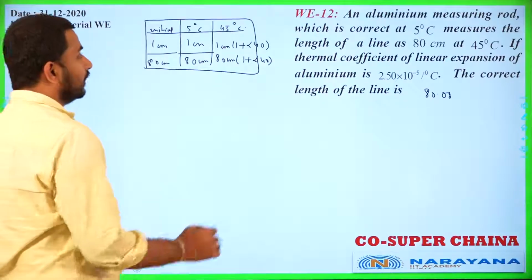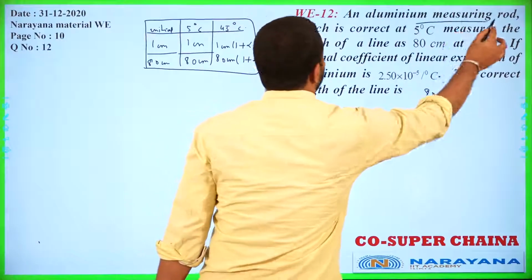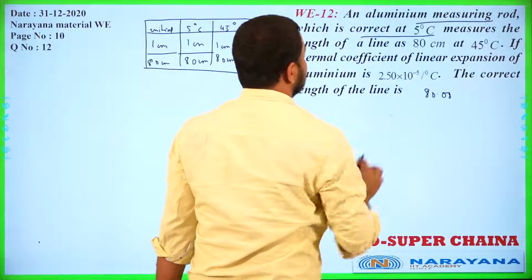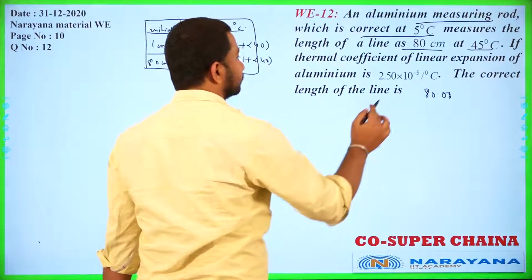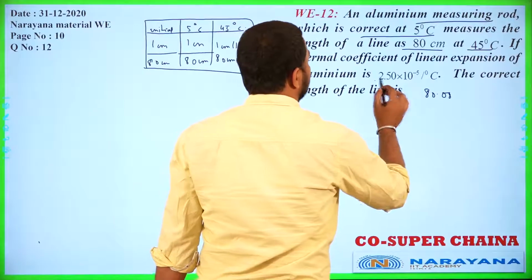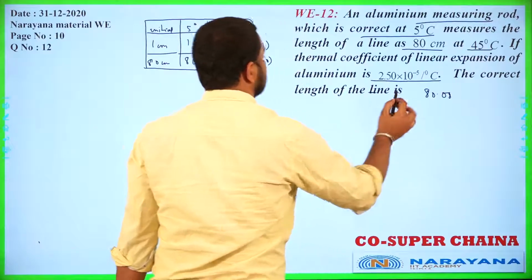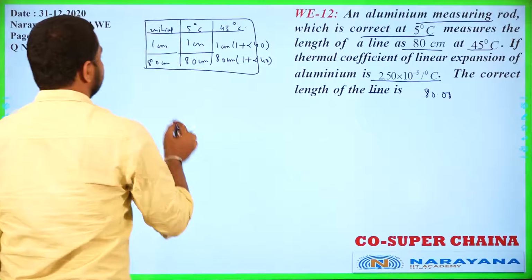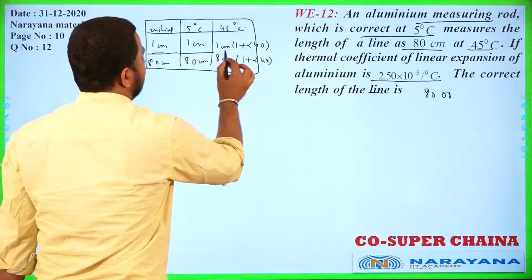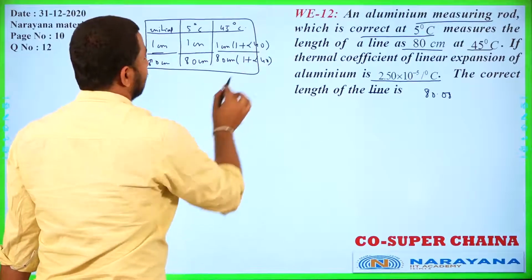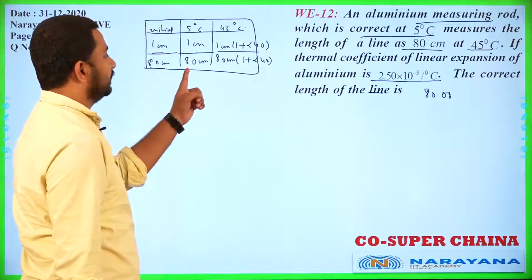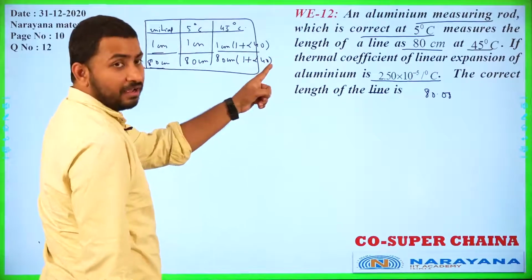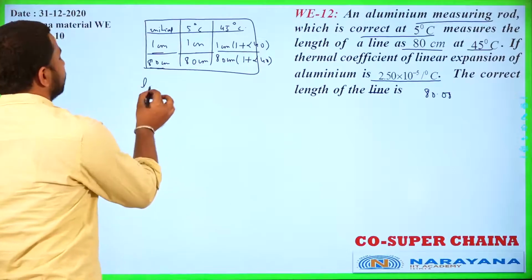Okay. Here an aluminium measuring rod is given, calibrated at 5 degrees Celsius, and the reading is 80 centimeter at 45 degrees Celsius. You have to find the correct length from this reading. So delta T will be 40. If the reading is 80 centimeter, we take 80 times 1 plus alpha delta T. Which formula are we using?